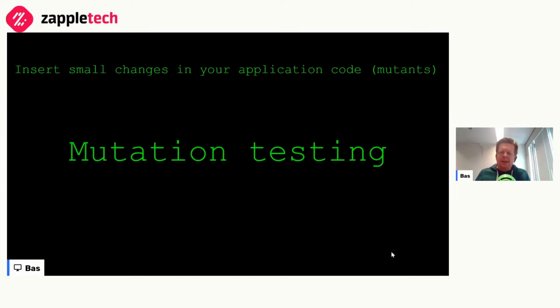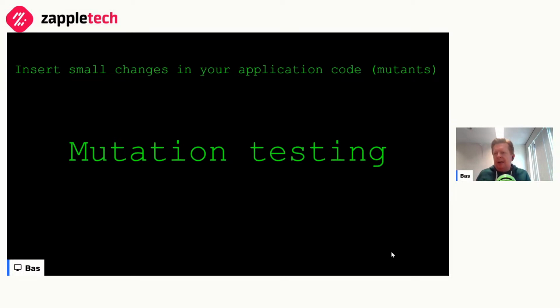What a mutation testing tool does is take part of your code base and insert small changes in it. In mutation testing terminology, it creates mutants. It creates those mutants in memory, by the way, so it doesn't actually change your source code, but creates an in-memory copy with a small change.